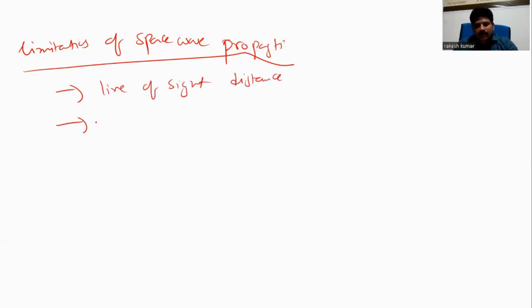And the other one is, it is limited by the curvature of the Earth. Okay, so these are the two limitations: one is line of sight distance, and the other one is curvature of the Earth.